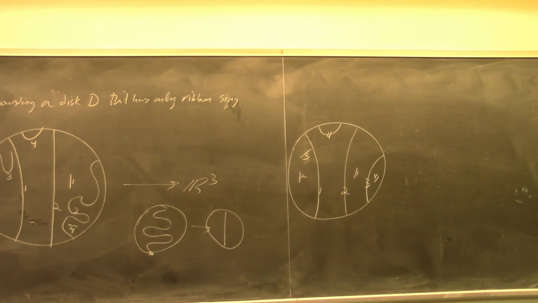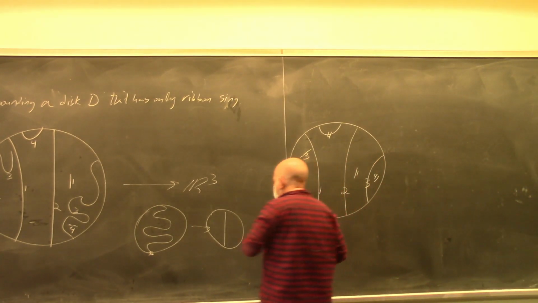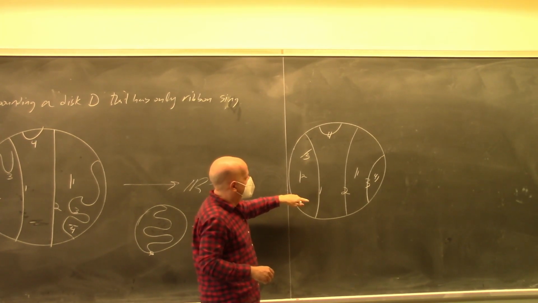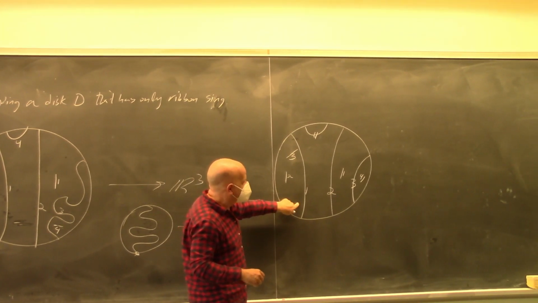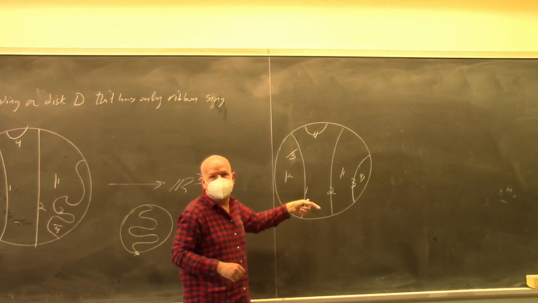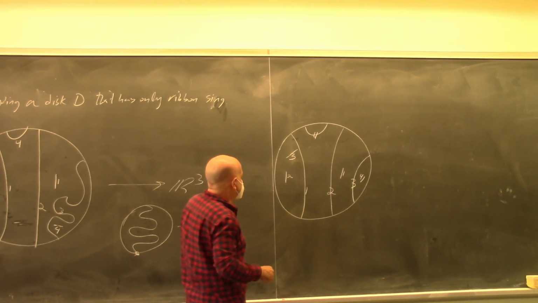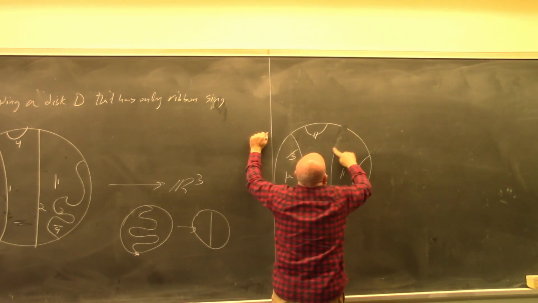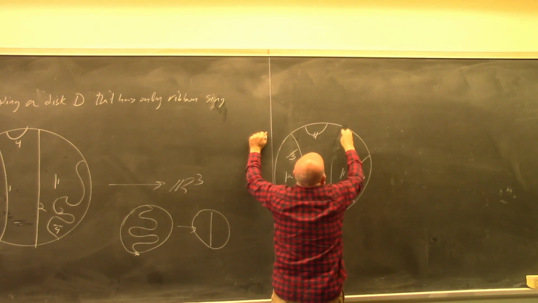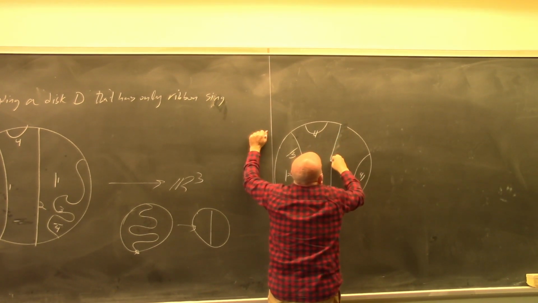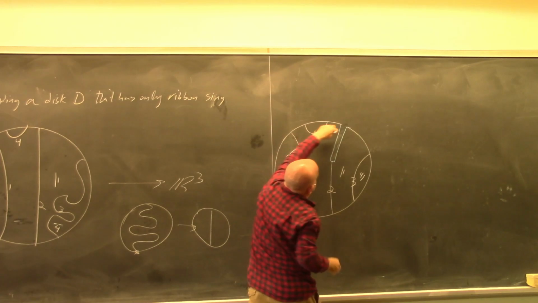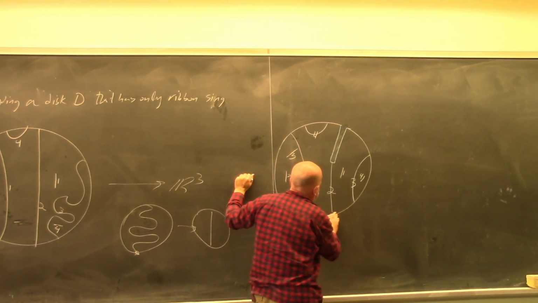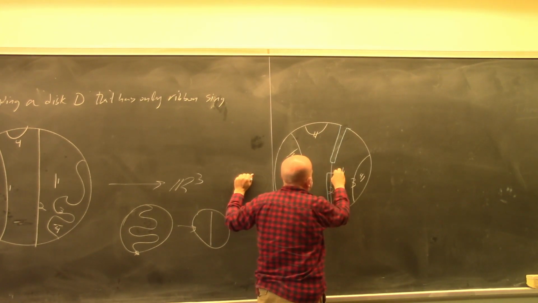What isn't marked as a singularity isn't a singularity. So what you can do is contract the knot, or pull the knot along this line and also along this line.